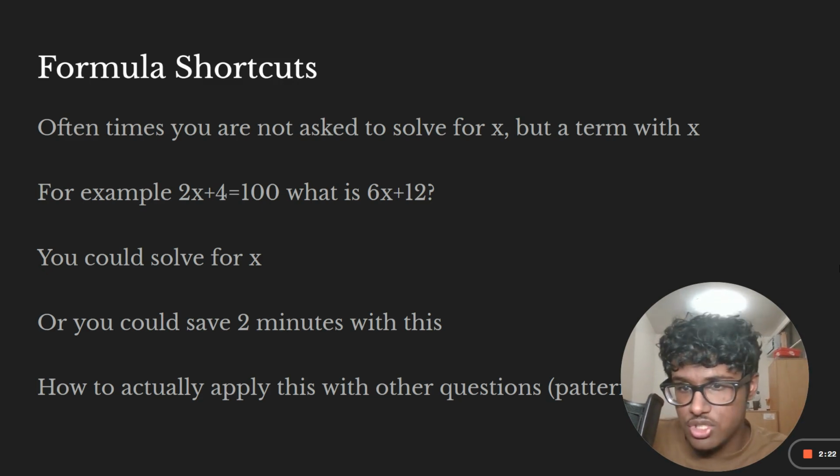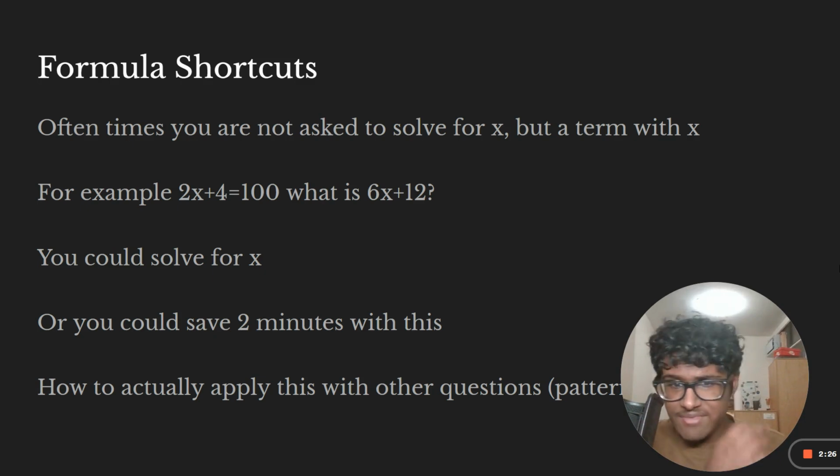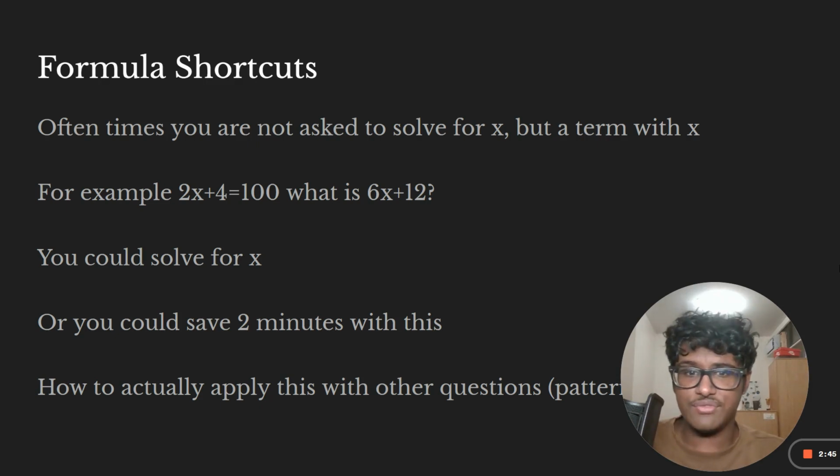If you notice 2x plus 4 and 6x plus 12, they have this common multiple of 3, where if I multiply the entirety of 2x plus 4 by 3, I get 6x plus 12. So basically what that means is I never have to solve for x.